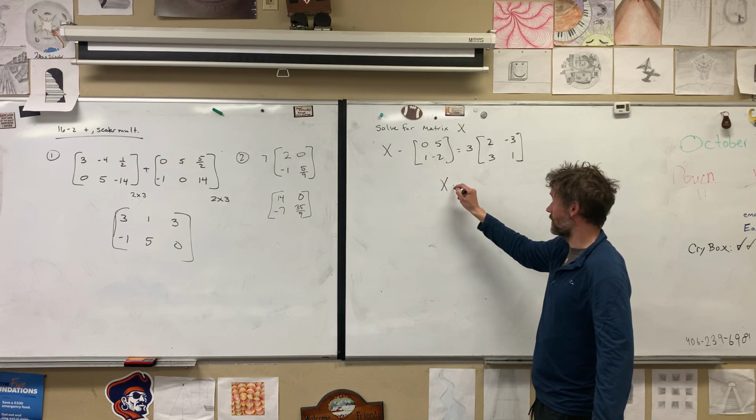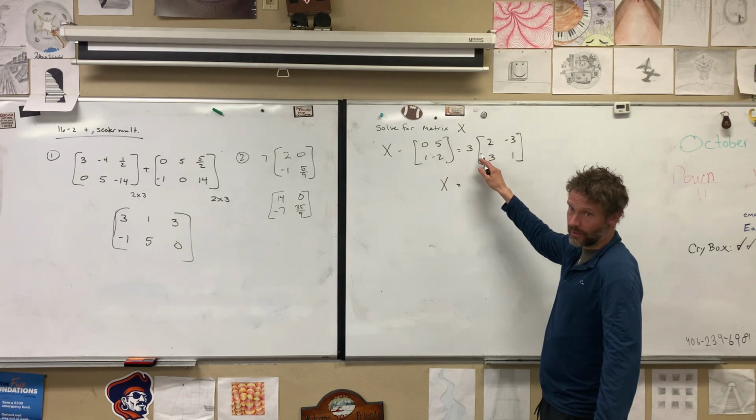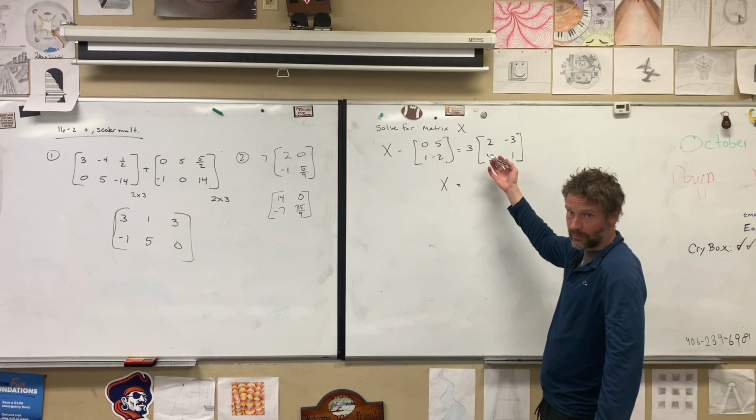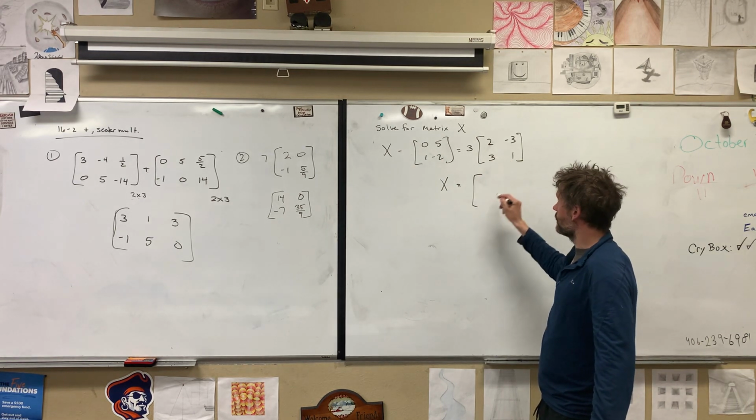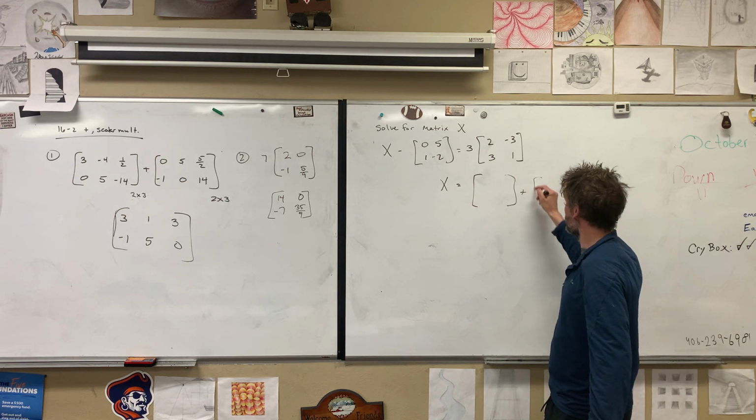So then X is equal to, and what I do here is the scalar multiplication first, and then add it. So you'd have a matrix plus a matrix.